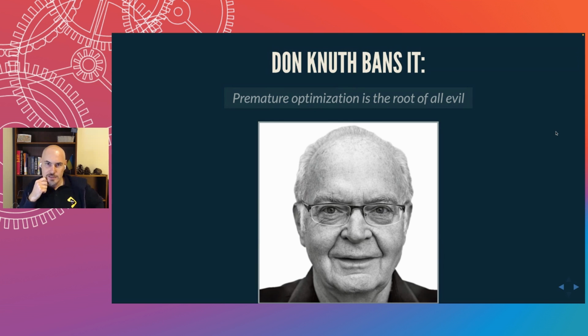But as it is usually the case with some funny quotes, the real meaning of that quote is a little bit different. Because if we read the full quote, then we'll see that Donald Knuth doesn't ban premature optimization.